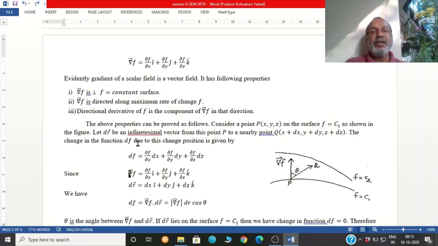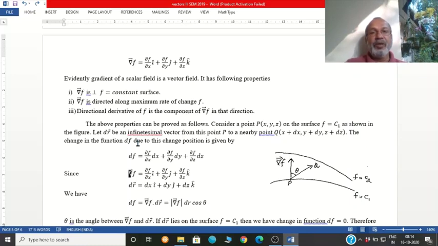We know that x square plus y square equal to a square is equation of a circle. That is in 2 dimensions. So in 3 dimensions you will get x square plus y square plus z square is a constant, and that will be surface of a sphere.